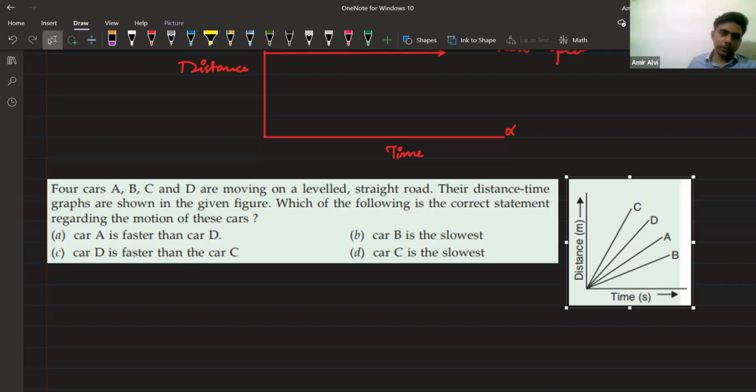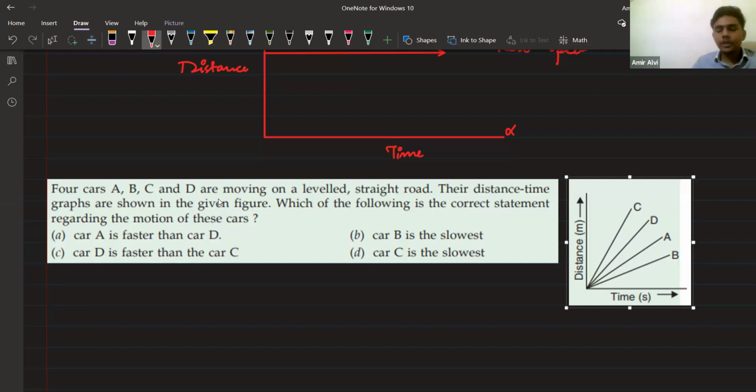Okay, look at the question, let's do it together. The question says four cars A, B, C, D are moving on a leveled straight road. Their distance time graphs are shown in the figure. Which of the following is the correct statement regarding the motion? We have to analyze each graph so we can understand the correct statement.